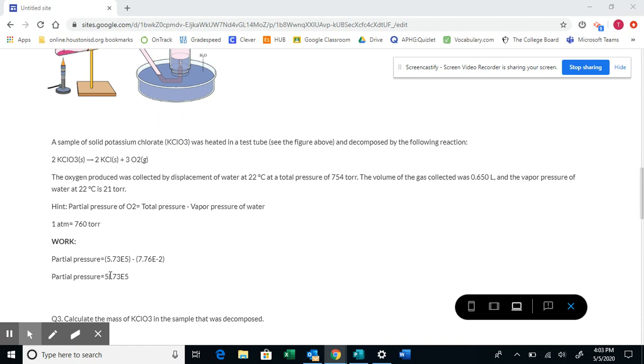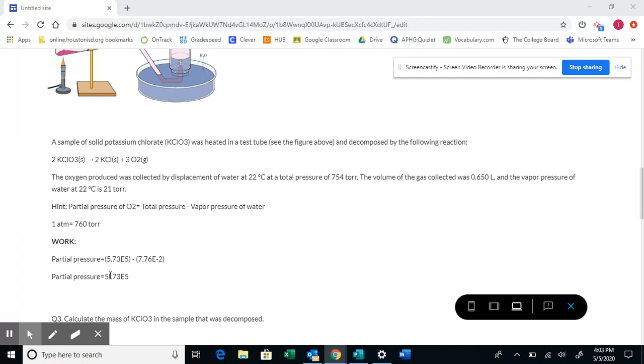The volume of the gas collected is 0.65 liters, and the vapor pressure of water at 22 degrees Celsius is 21 torr. Hint: the partial pressure of oxygen is equal to the total pressure minus the vapor pressure of water. 1 ATM is equal to 760 torr.